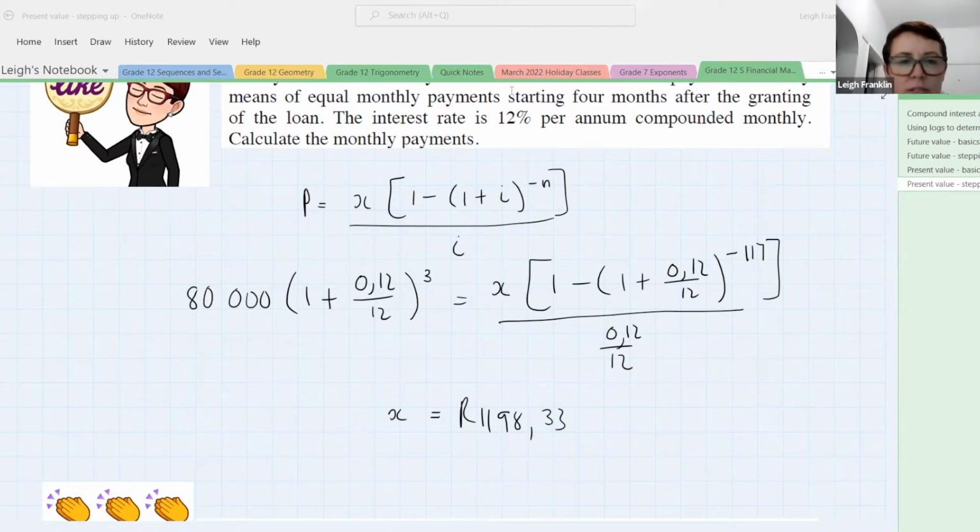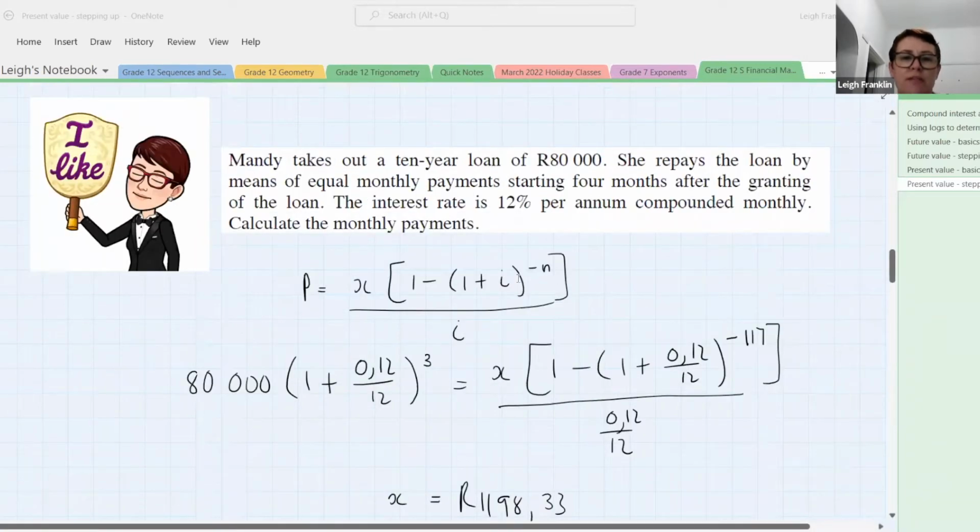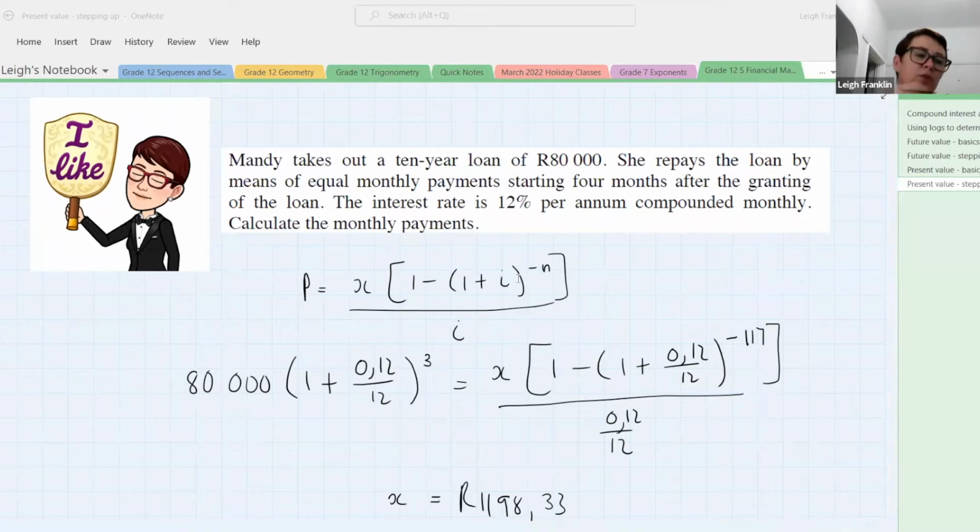How does everybody else feel? Tyler, Tisha, Hope. Is this making sense? Why I've done it this way? Okay. All right. So Tisha, remember when we use the present value formula, there's always got to be a gap between when the loan is granted and when you start paying, right?